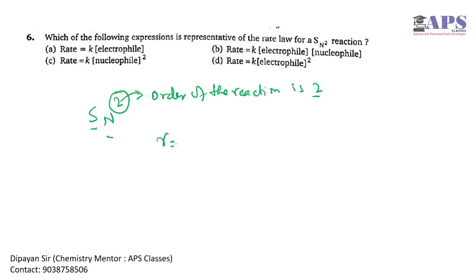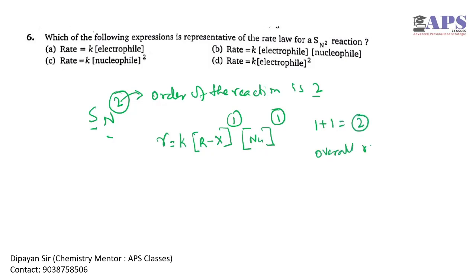So the rate expression is rate constant K, concentration of RX to the power 1, concentration of nucleophile to the power 1. This 1 plus 1, 2, is the overall order of the reaction.